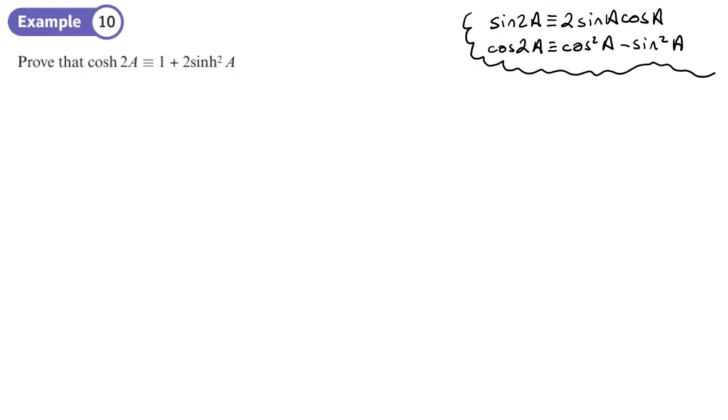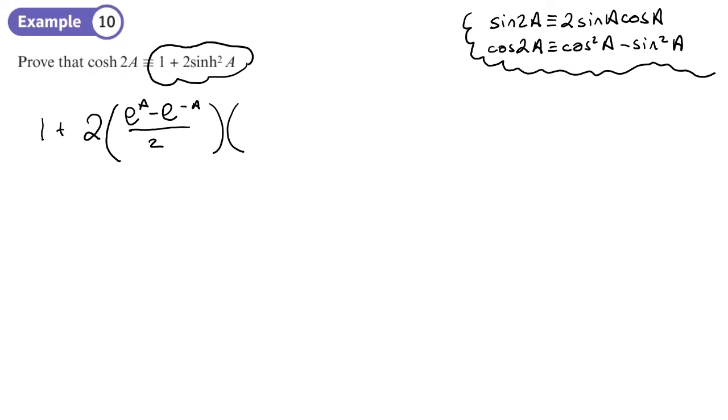And again, we're going to be using the definitions, and we're going to start with this side. So this becomes 1 plus 2 lots of, now if it's sinh squared, that means we're timesing this by itself, (e^a − e^(−a))/2 times (e^a − e^(−a))/2.